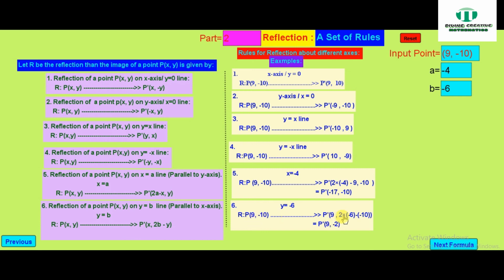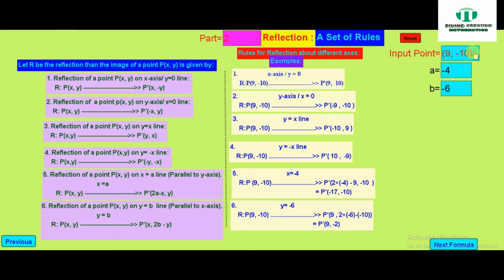Then 2 times b, where b is minus 6, so we write minus 6 and multiply by 2, giving 2b minus the value of the y coordinate, that is minus 10. After a little calculation we will get P prime equals (9, minus 2).